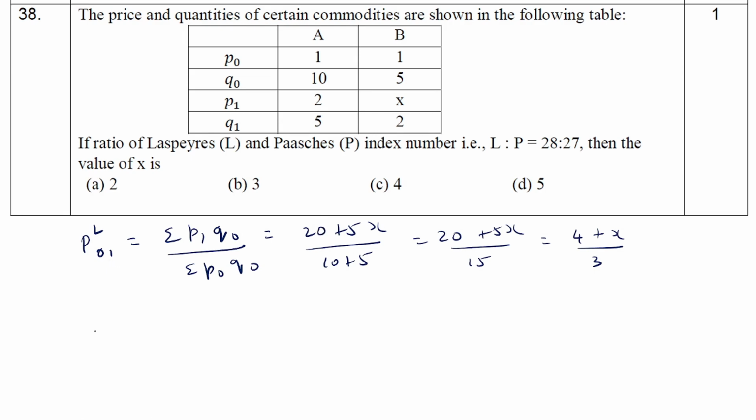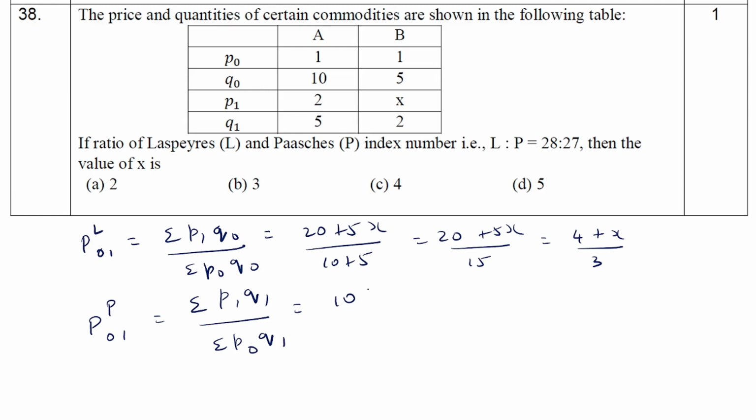Then now let us find Paasche's index P01 P, it is equal to summation P1 Q1 upon summation P0 Q1. So here we need to take the current year quantities as the weights. So summation P1 Q1 will be 2 into 5 plus X into 2.